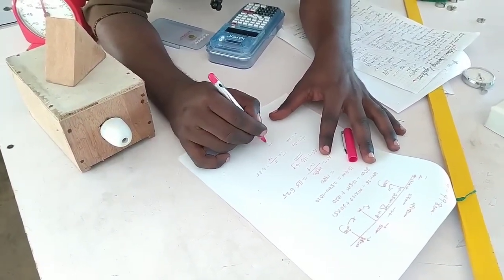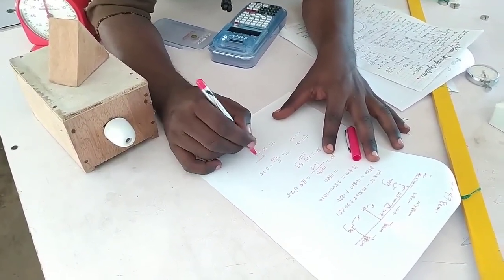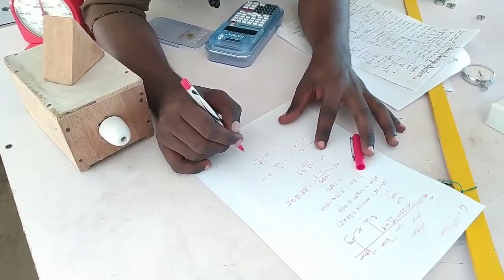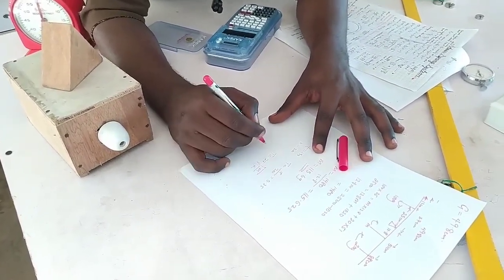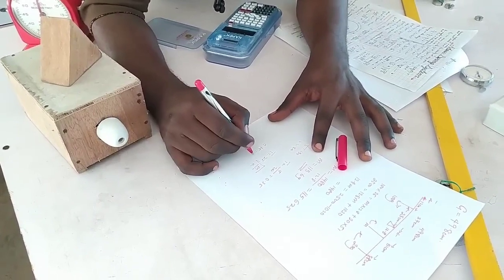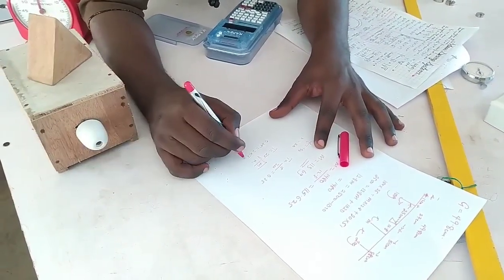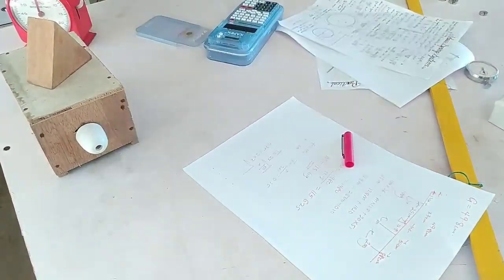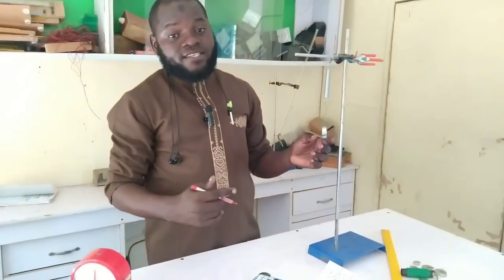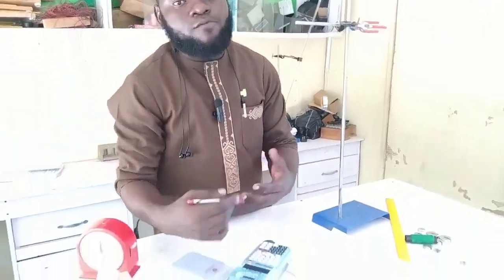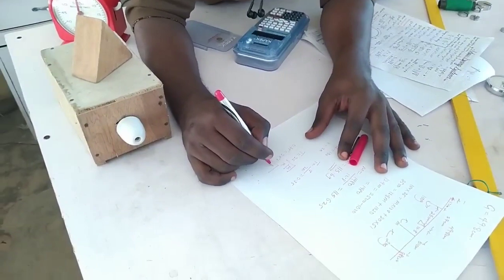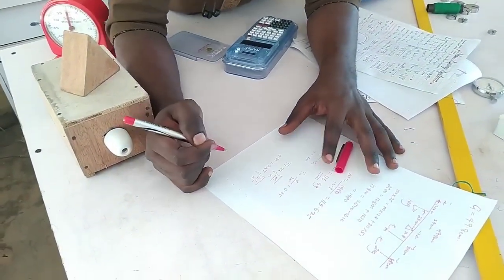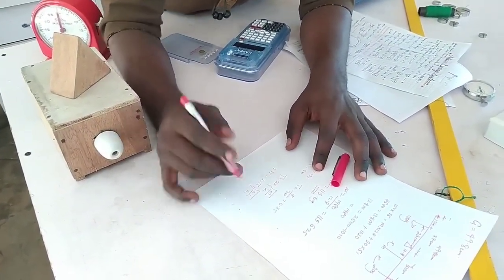Am I making sense? So if you have 0.75, the next thing is to come down to this equation, 2 pi the square root of m all over k. So our period 0.75 is equal to 2 multiplied by pi, the square root of the mass that I use here. The mass I use here is 100, convert this to kilogram, that will be 0.1. So I have 0.1 all over k. Square both sides to remove this square root.